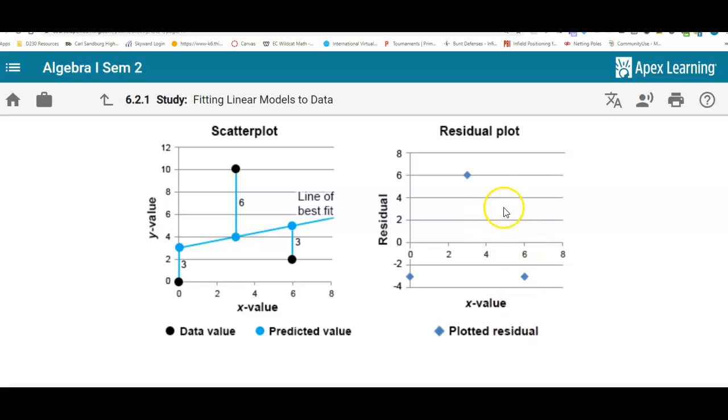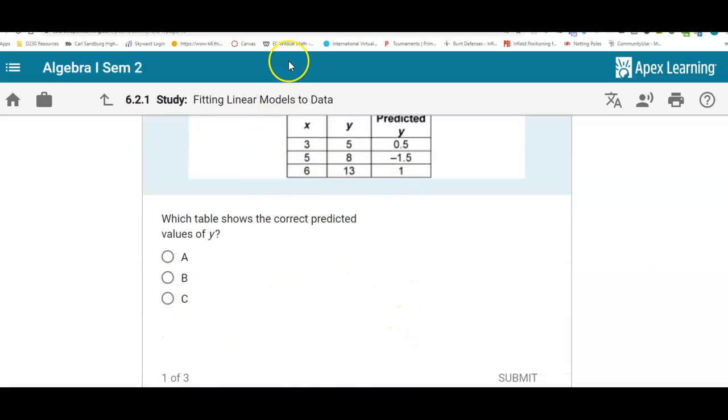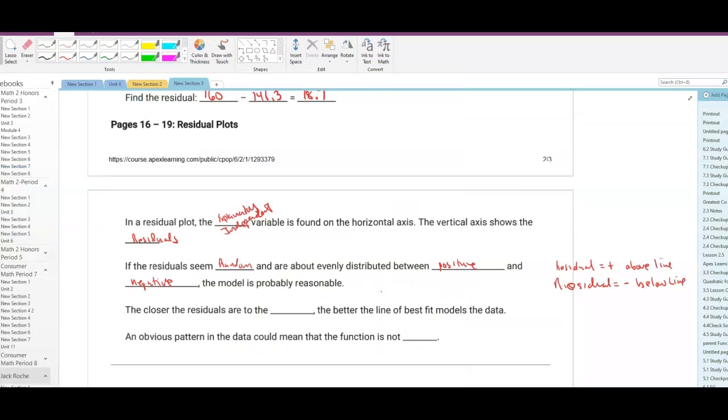Now, as you can see, these residual plots tell you how far from the line of best fit you are. We want as many of these dots to be as close to this line here as possible. Okay? So, the closer the residuals are to the x-axis, the better the line of best fit, the model, is.